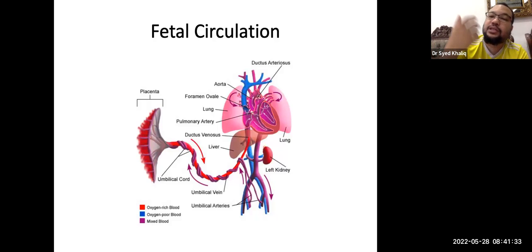Also there is the role of prostaglandin. When prostaglandin is reduced, the smooth muscle in the ductus arteriosus starts to contract, causing closure of the ductus arteriosus. So when there's closure of the ductus arteriosus, we get the usual circulation that we have after being born.